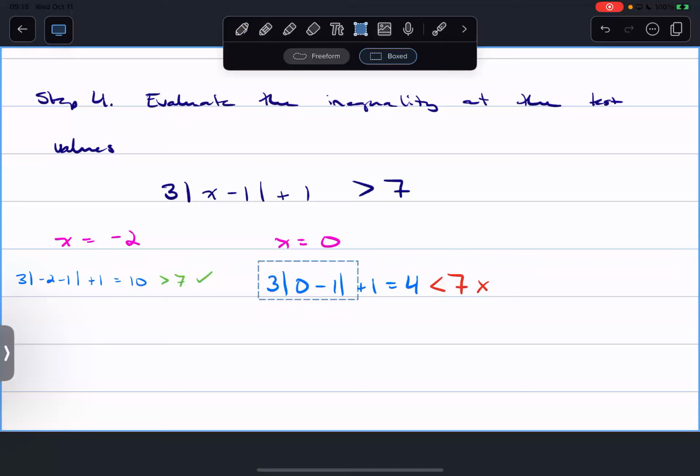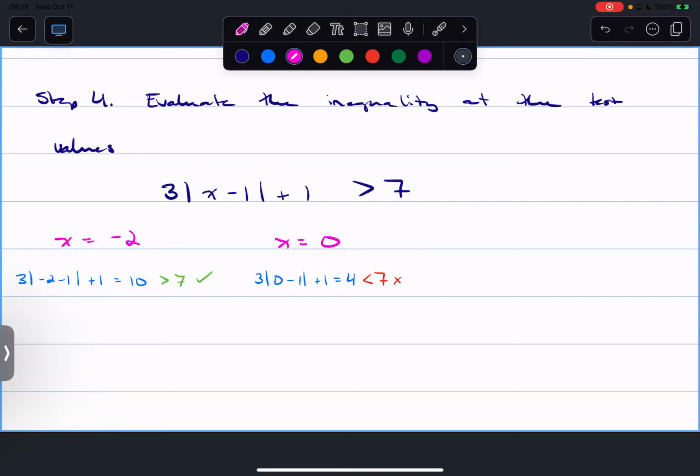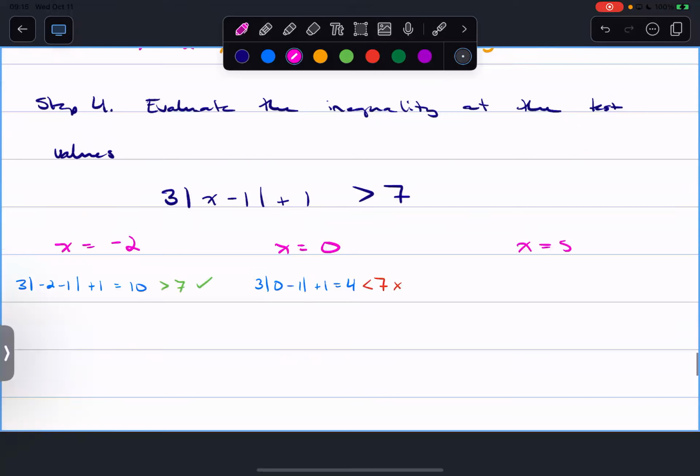If you don't have the graph, then you need to use sign charts. And finally, my last test point, I think I picked x equals 5. 3 times the absolute value of 5 minus 1, plus 1. 5 minus 1 is 4, times 3 is 12, plus 1 is 13, yeah? Which is also greater than 7.